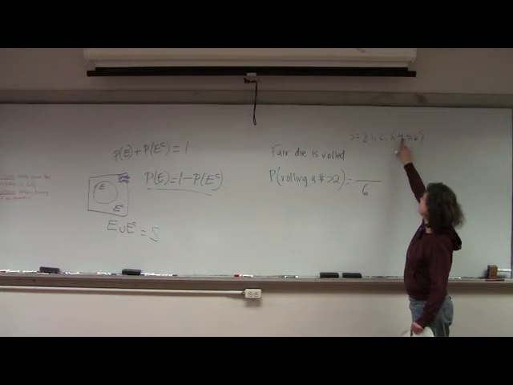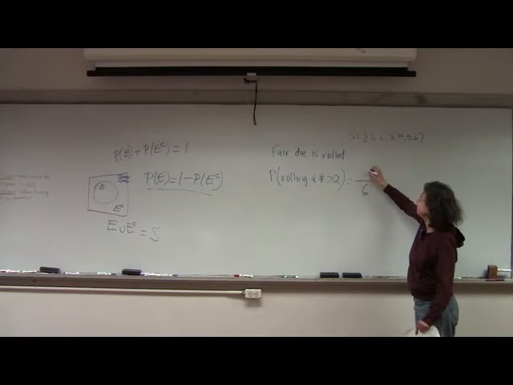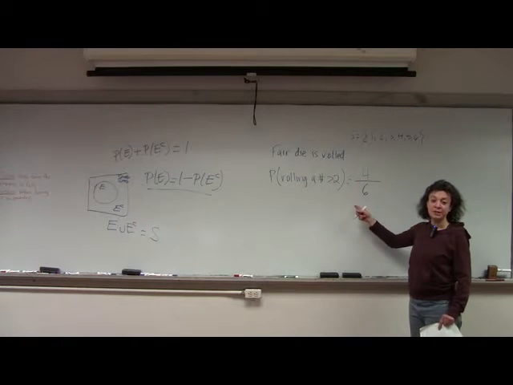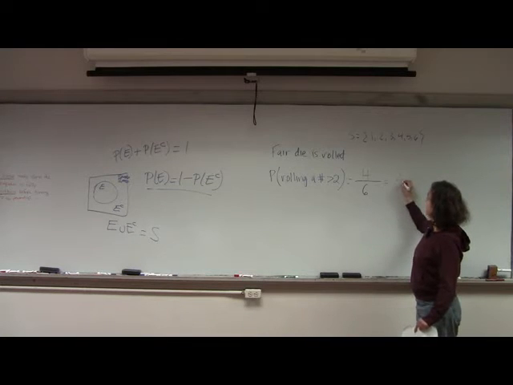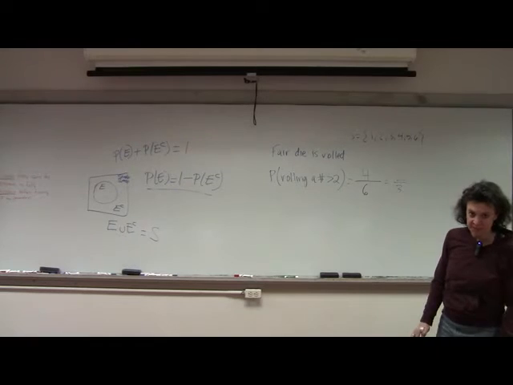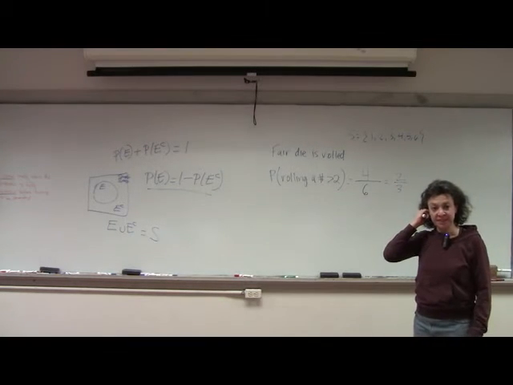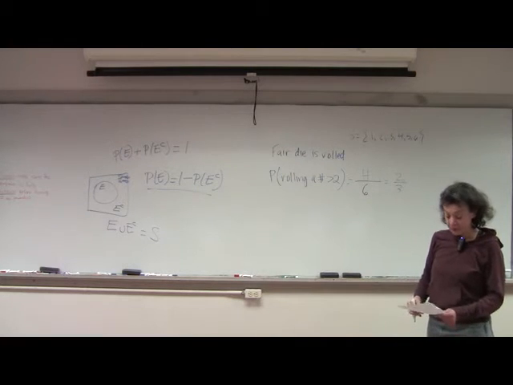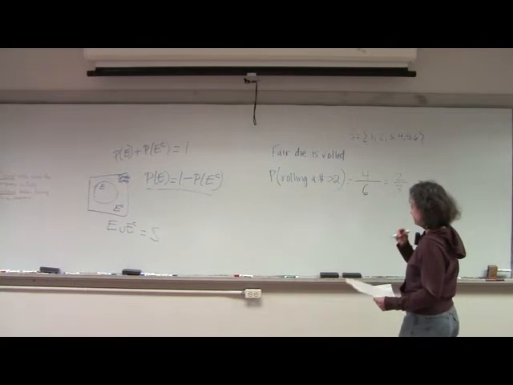And I think you'll grant me 3, 4, 5, and 6. So there's 4 possible ways of rolling a number greater than 2 over the total number of ways there are. I would write that as 2/3 because I like to reduce my fractions. If you leave it as 4/6, that's fine.